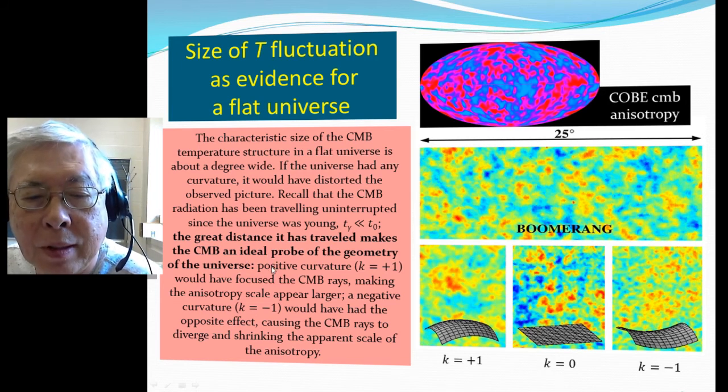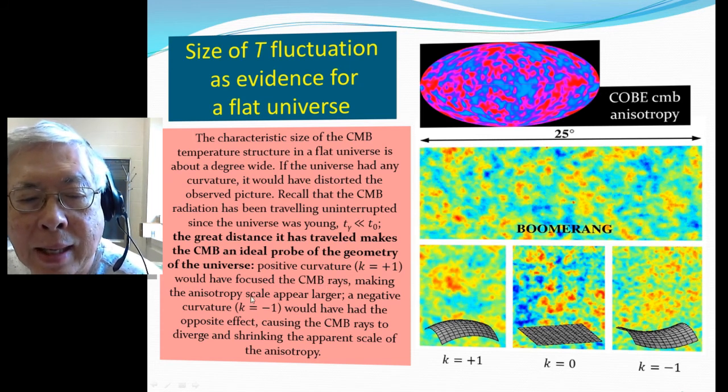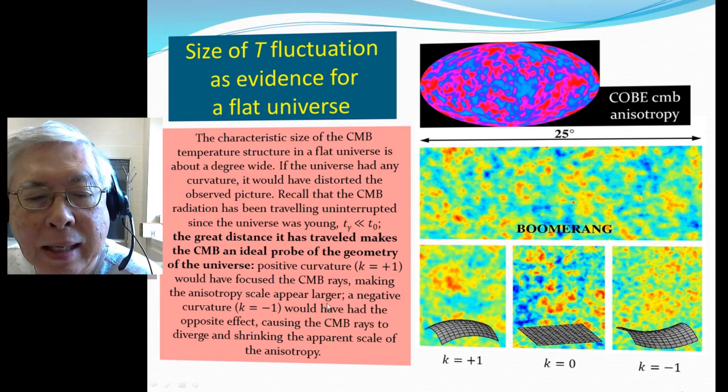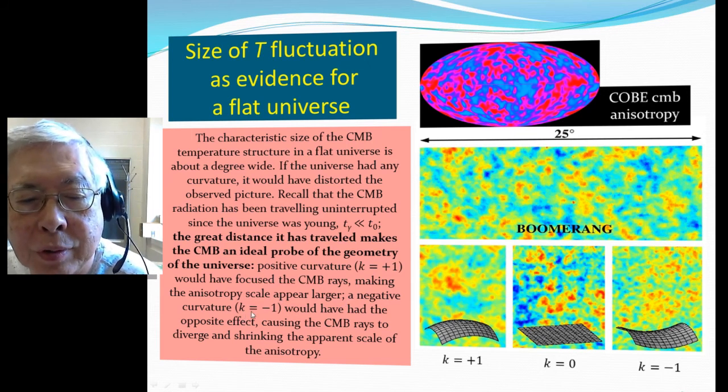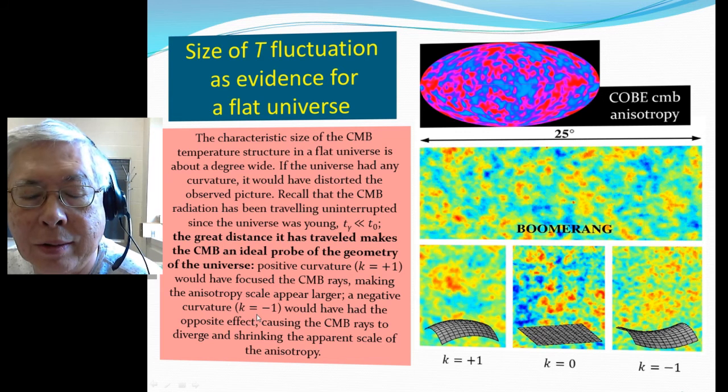It turned out a positive curvature would have focused the CMB rays, making the anisotropy scale appear larger, and a negative curvature would have had the opposite effect, causing the CMB rays to diverge and shrinking the apparent scale.